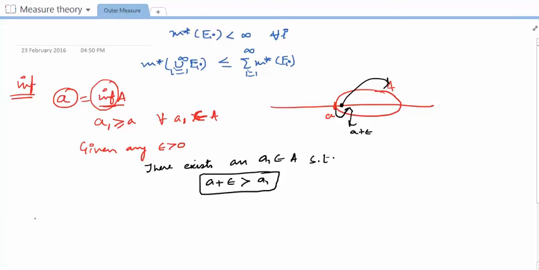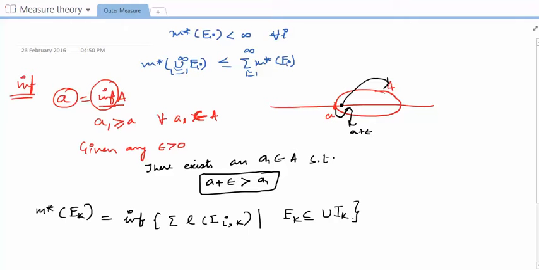Now look at this. We have M star of Ek. This is the infimum of the summation of l of I, which I'll write as Ik, such that Ek is contained in the union of Iik, where i is from 1 to infinity, and the Iik are open and bounded intervals.